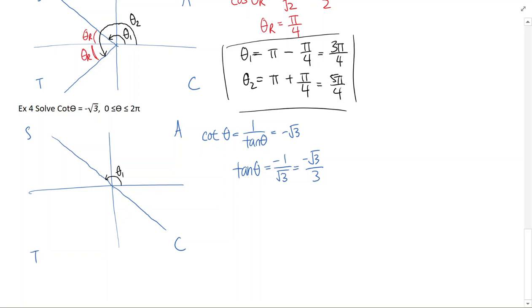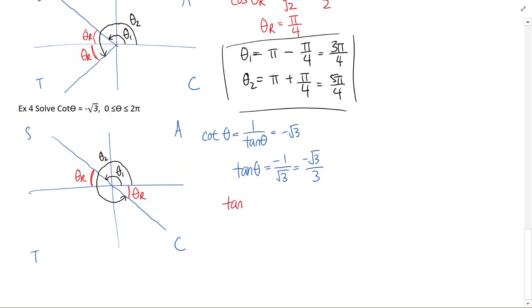That could be an option. Or we'll have to go all the way around to here. That could be option number 2. So there are two angles here. Again, we're going to figure out these angles by first finding our reference angle, which is here and here.